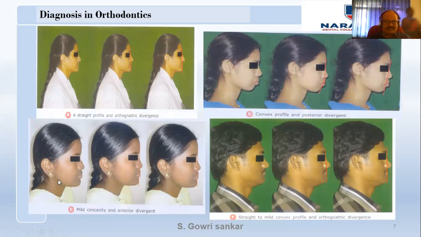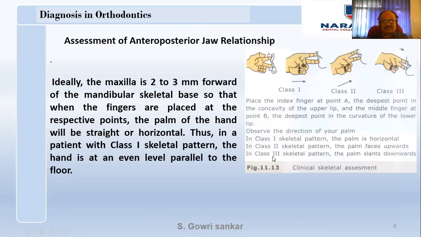Likewise, this case is an example of a mild concave profile, and it is anteriorly divergent. So it indicates a class 3 pattern, whereas this has a class 1 pattern, and this is a clear-cut class 2 skeletal condition. Here you can see an orthognathic profile, but the line is slanting slightly forward. It's orthognathic divergence to anterior divergence.